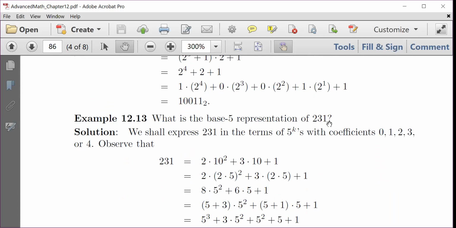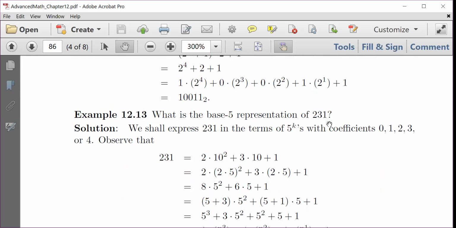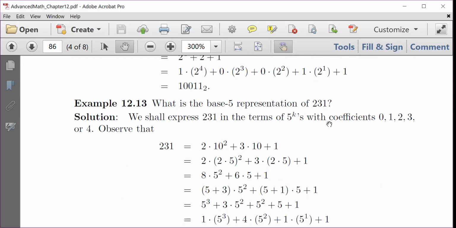All right, so what I get here is a 5 cubed, 5 squared, 5, and I have a double 5 squared, so you have to put them together. That will be 4 times 5 squared, and 1 times 5, plus 1.